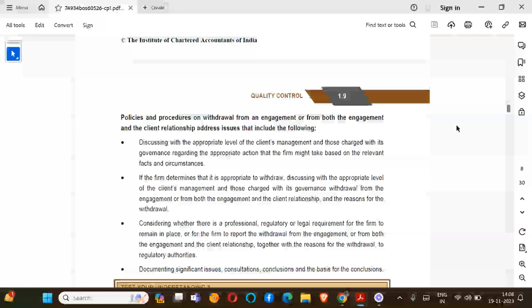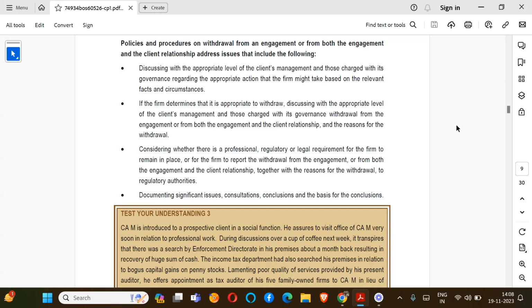Next is, let's say supposedly the policies and procedures on withdrawal from the engagement, what are you going to do? सबसे पहले you will discuss with the client's management and those charged with governance the action that you are planning to take. So for example, आपको समझ आता है कि अरे ये client तो इसका तो कुछ तो गड़बड़ है, तो आप क्या करोगे?